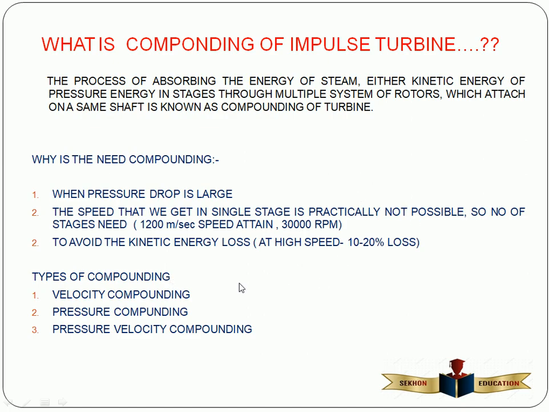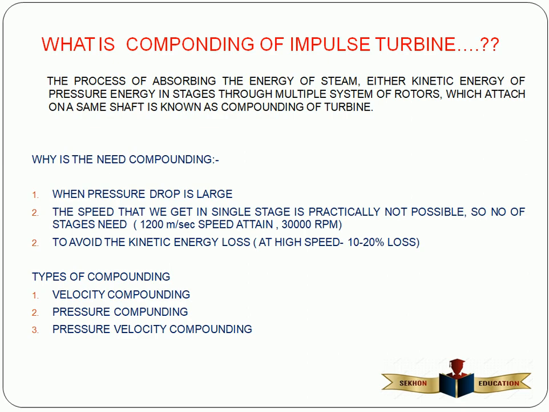Now, what are the various types of compounding that we can do in the case of an impulse turbine? The first is velocity compounding, in which we divide the kinetic energy into a number of stages. Then there is pressure compounding, in which we divide the pressure into a number of stages.